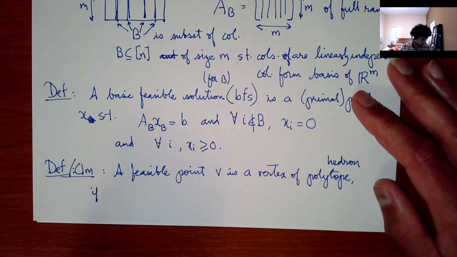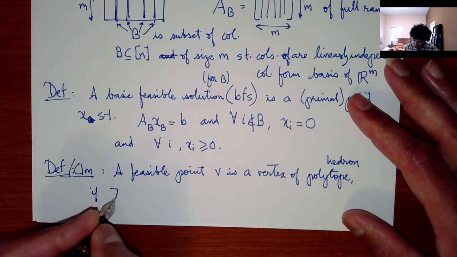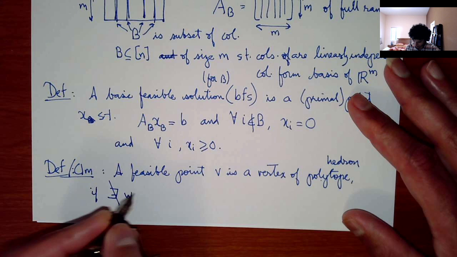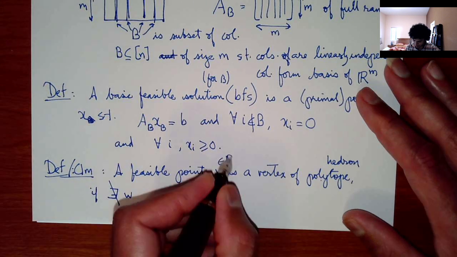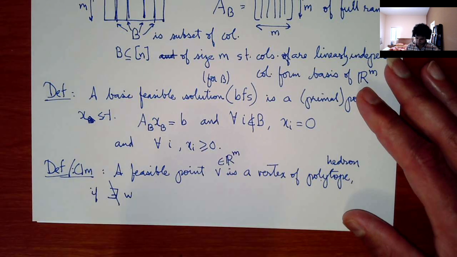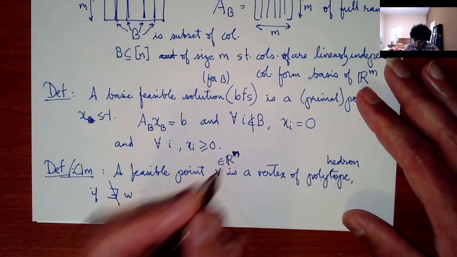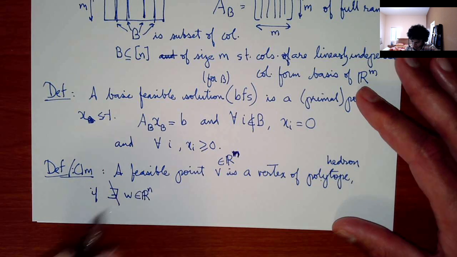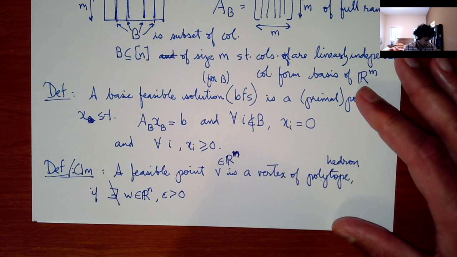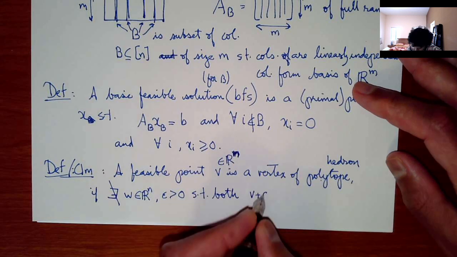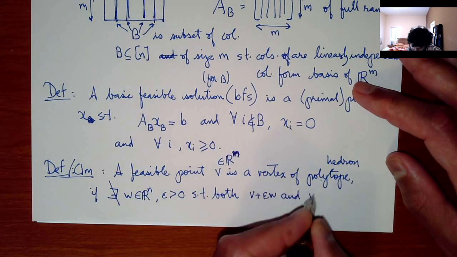If there does not exist a W, and remember V is a point in R^n, such that there does not exist a W in R^n and an epsilon greater than 0, such that both V plus epsilon W and V minus epsilon W are in the polytope.